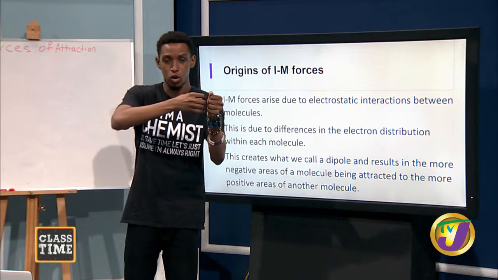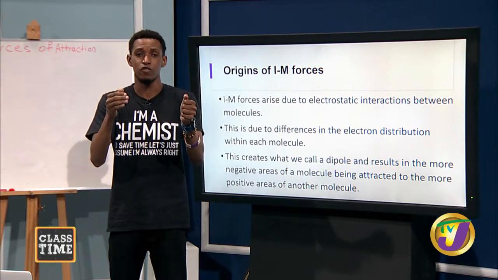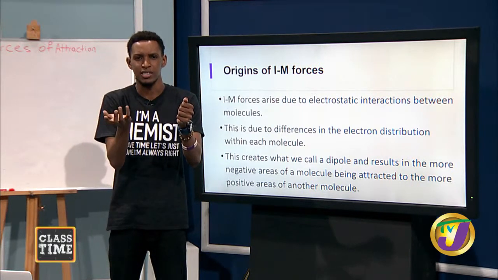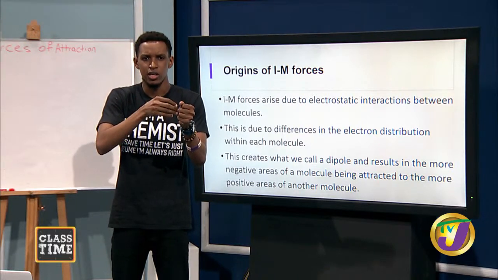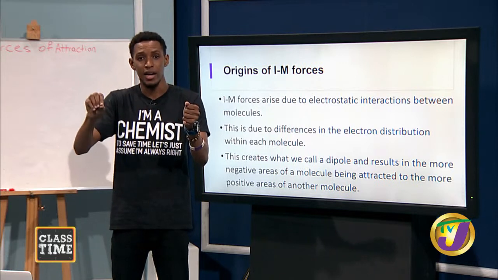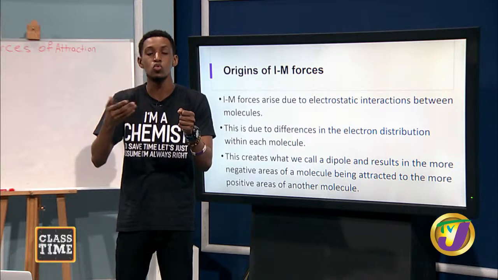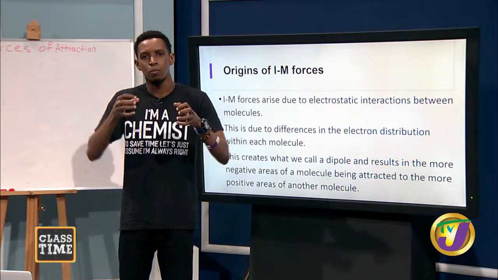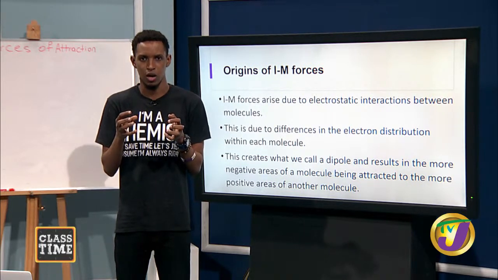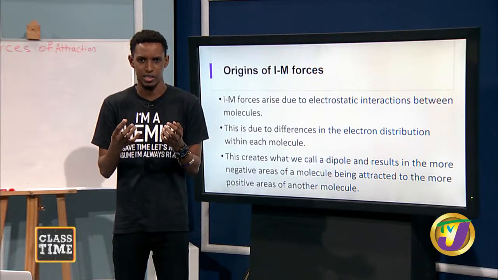Therefore, chlorine would pull most of the electron density towards itself and develop a slight negative charge. And since hydrogen is having its electrons pulled away, it is getting slightly positive because it's losing negative charge. Therefore, you have these polar compounds being present, or a dipole being created.